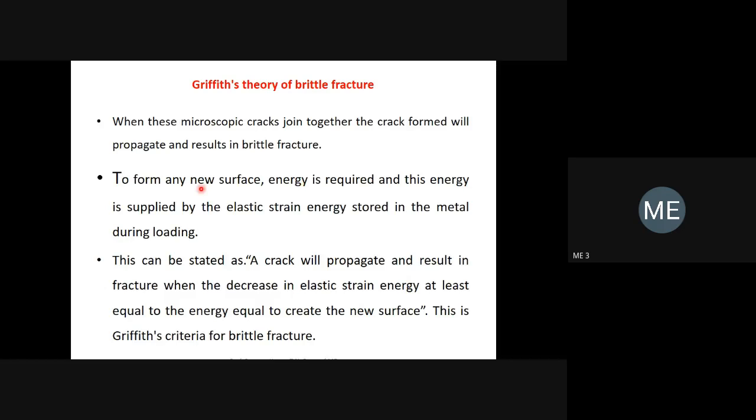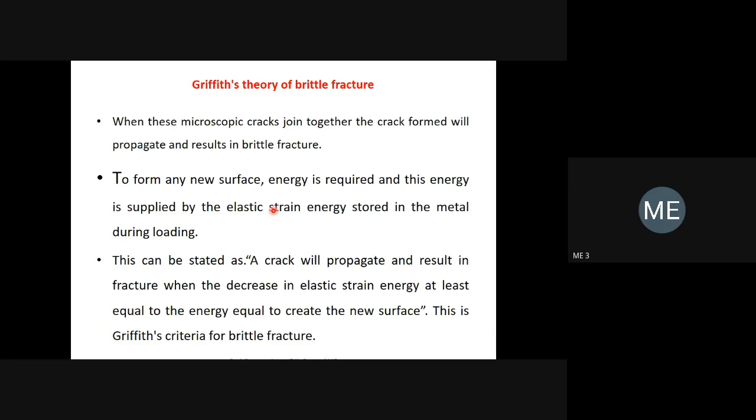When the spring is compressed, it undergoes strain, and if you leave your hand in between, it comes back. So the energy required to come back to the original position is stored in the spring.